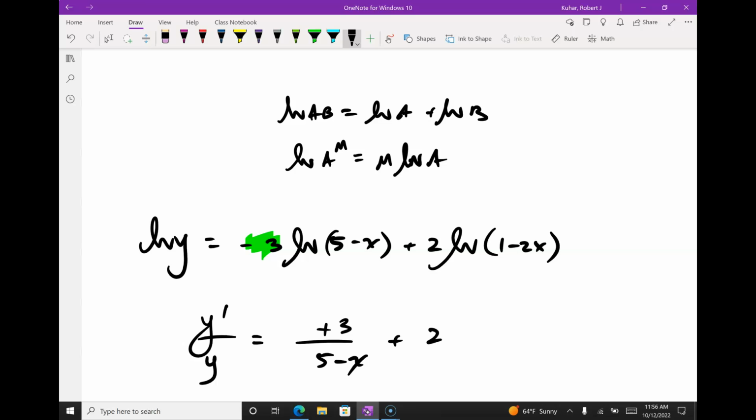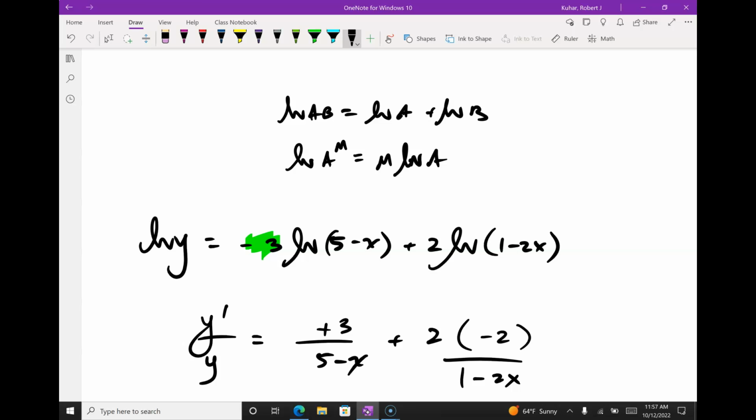What's the derivative of ln of 1 minus 2x? Negative 2 over 1 minus 2x. It's that simple. Derivative of ln functions is that simple. Derivative of the inside over the inside. What we've done is we said, hey, you already know the chain rule now. So now all you have to do is see this pattern. You don't have to think about the chain rule.